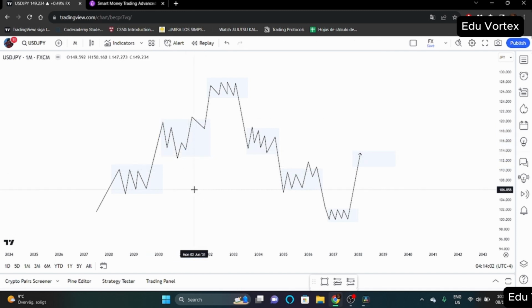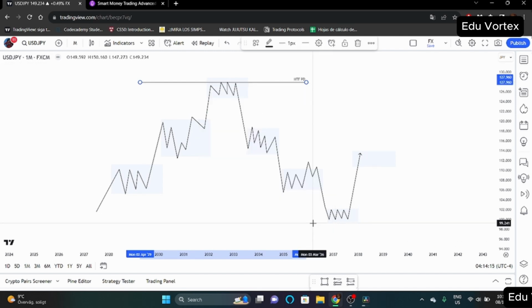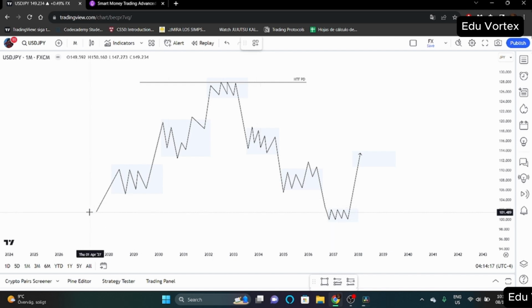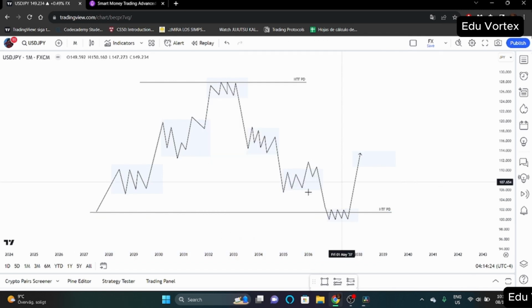It will induce liquidity once a higher time frame PD array is tapped. Once a higher time frame PD array is tapped, same thing over here, we can expect price to do a reversal, short term or long term, depending on the time frame we're looking at, because this is fractal on every single time frame.